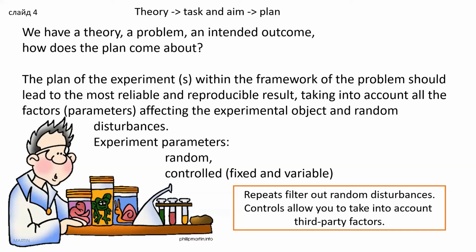Usually you focus on the fixed and variable parameters because this is the body of your experiment. You have something and then you have something to influence and then you have the result. Or you have something and then you have a treatment and then you want to see the result. This is also something you control.